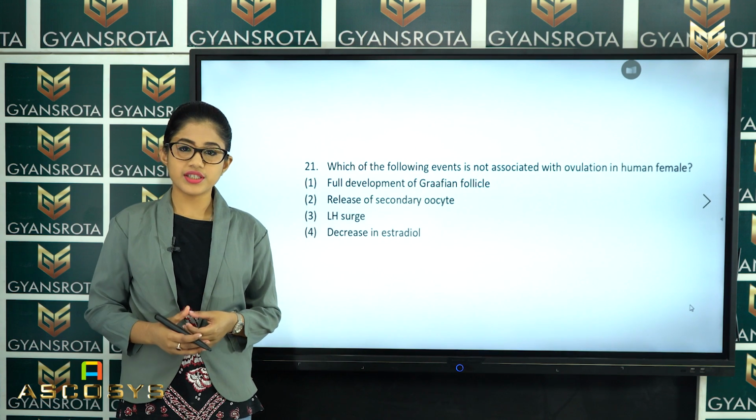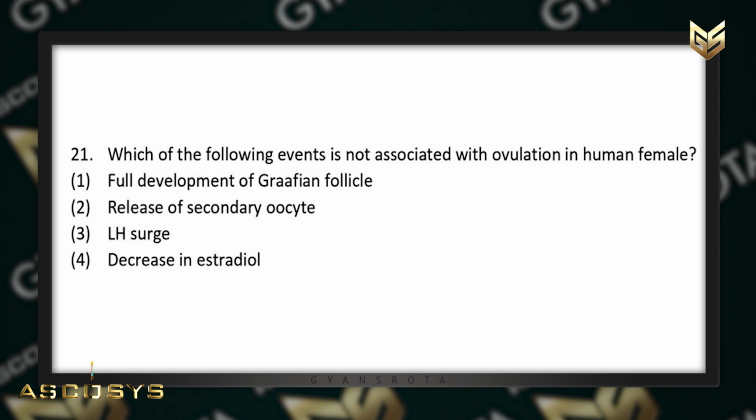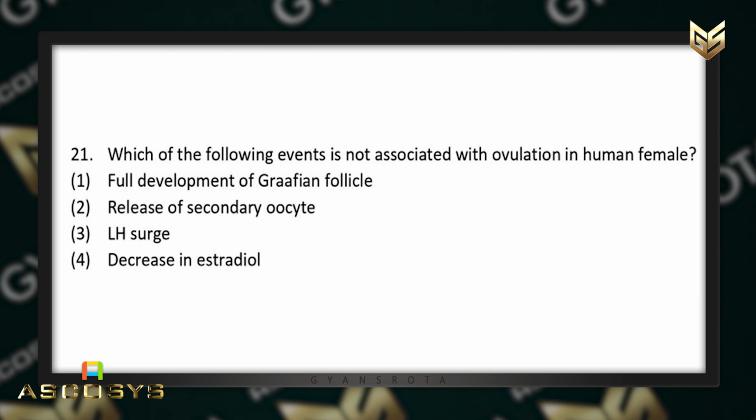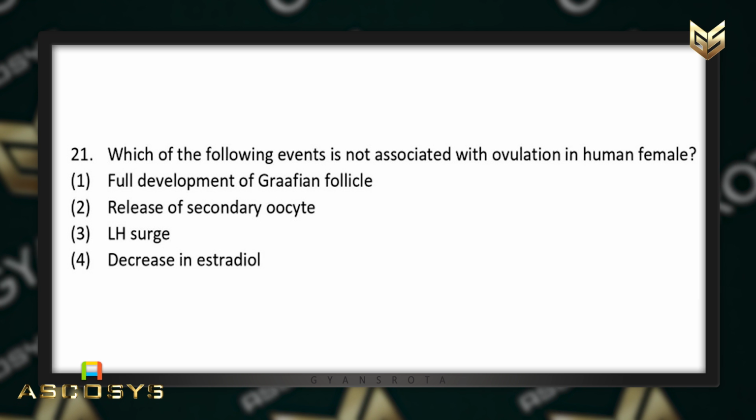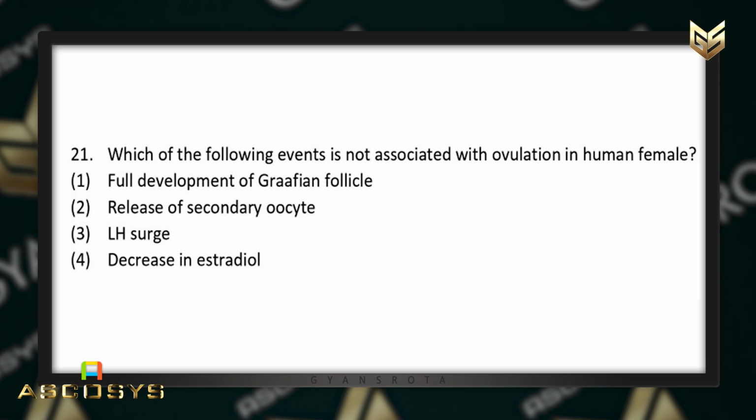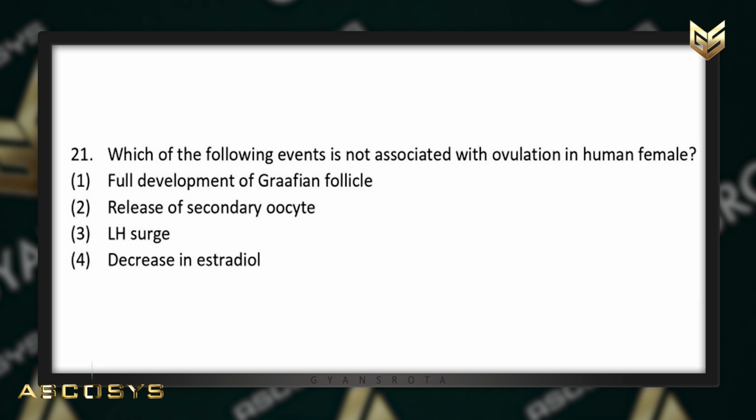Now the next question is question number 21. Which of the following events is not associated with ovulation in human female? 4 options are given. Full development of Graafian follicle, next is release of secondary oocyte, third is LH surge, and the fourth is decrease in estradiol.